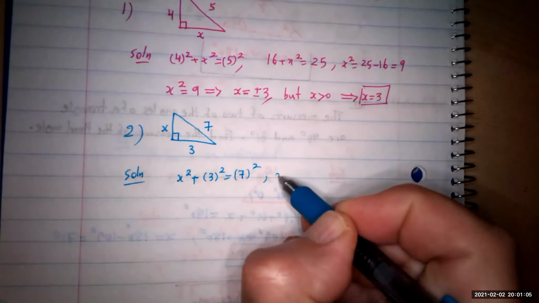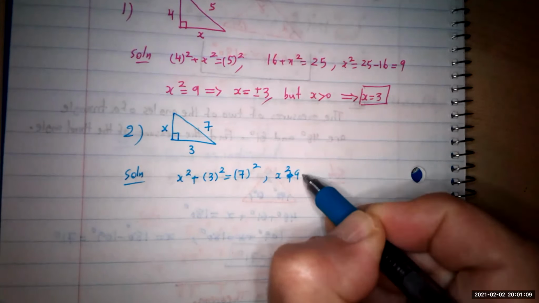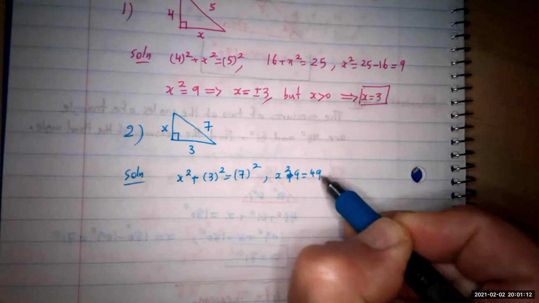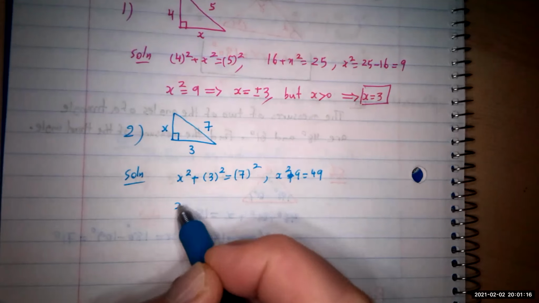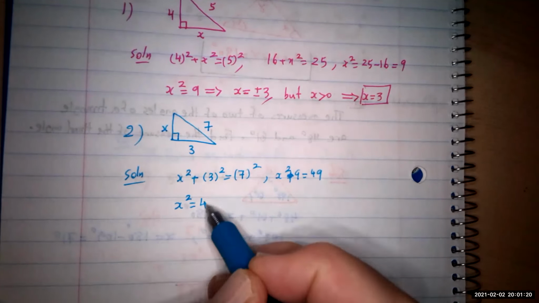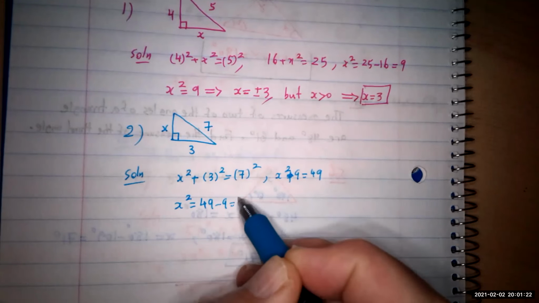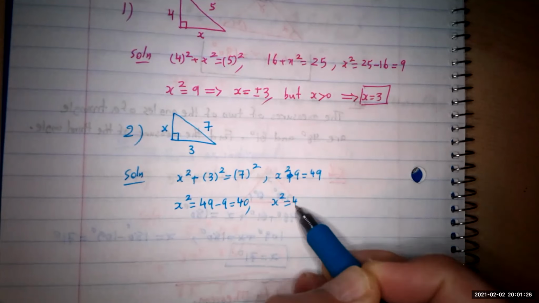So that gives us x squared plus 9 equal to 49. So you subtract, so x squared is 49 minus 9, which is equal to 40. So x squared equals 40.